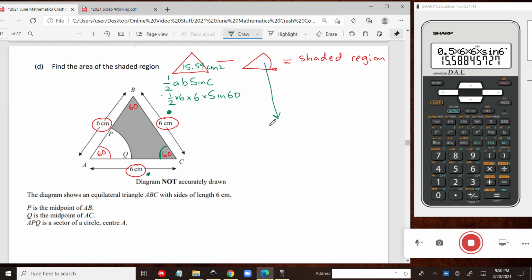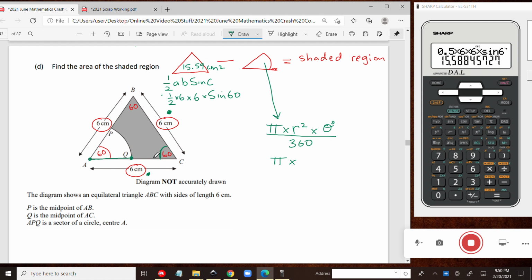To find the area of the sector from the videos I suggested, it's pi multiplied by radius squared multiplied by the angle divided by 360. Pi is just a button on the calculator. How much is the radius? The radius is from E to Q. Now if you read it, they said P and Q are the midpoint.